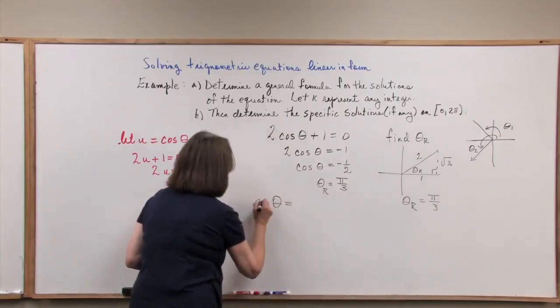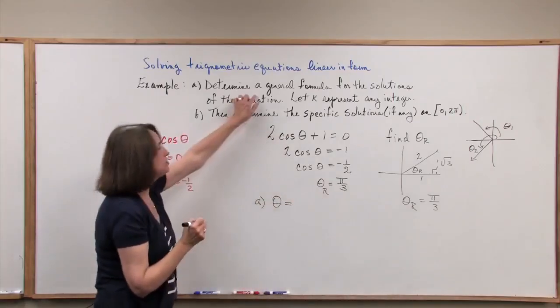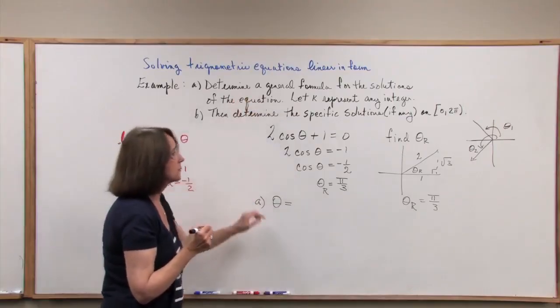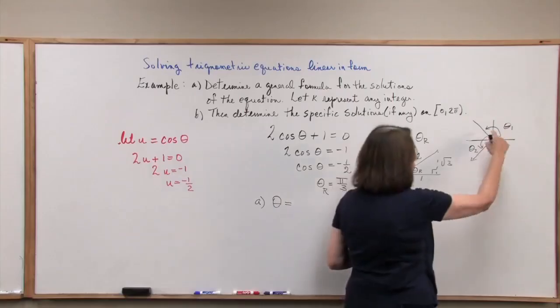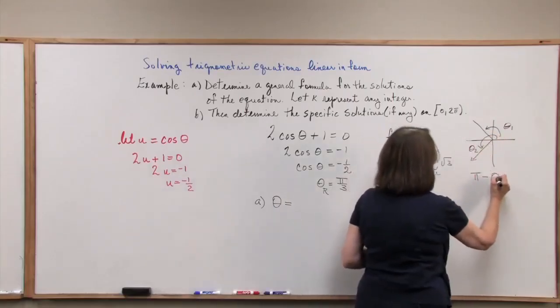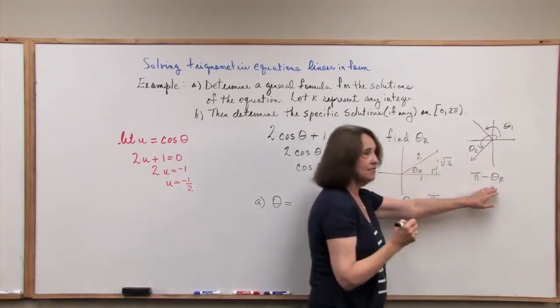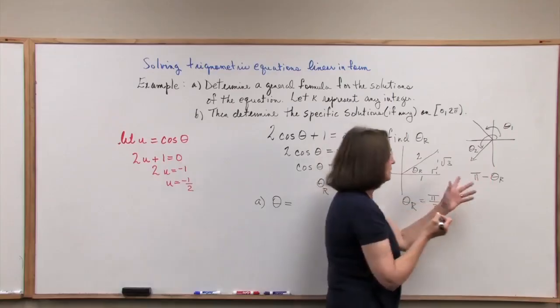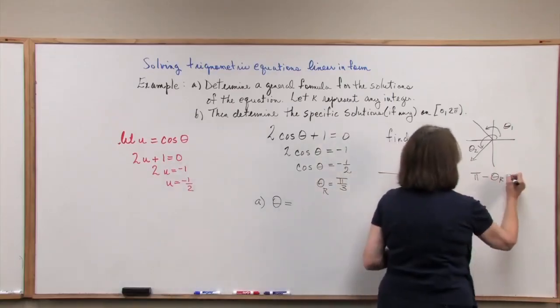Now, let's see what the general formula is. The angle theta 1, quadrant 2, we will find by subtracting the reference angle from pi.